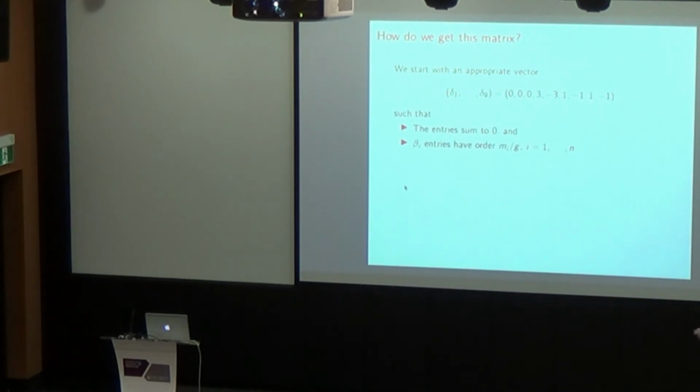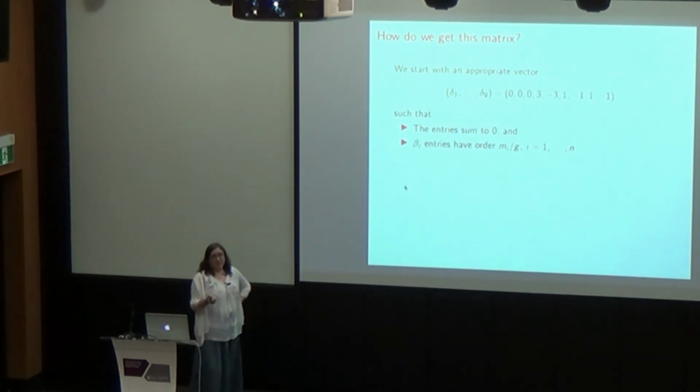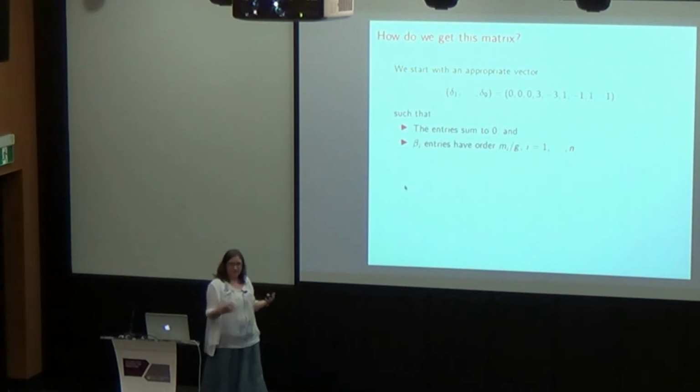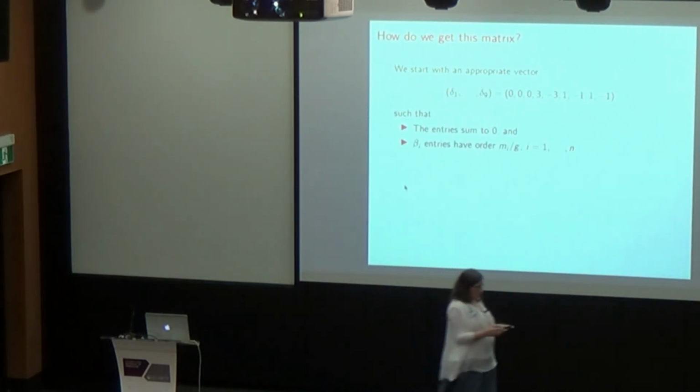So really then, the tricky thing for us was to figure out, well, how do we construct these matrices? And the way we actually do that, we start with an appropriate vector that lists the orders of the elements that we're aiming to get.